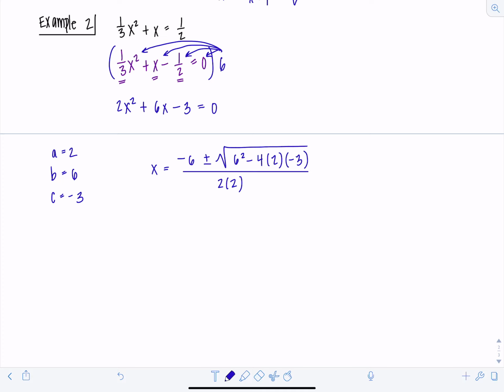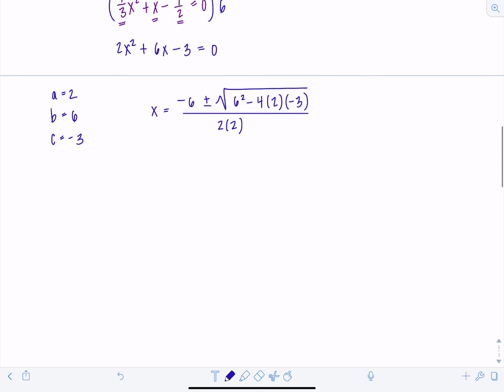So now let's start simplifying. First place we have to go is underneath the radical. So we have negative 6 plus or minus the square root. Now notice in this case 6 squared is going to be 36. And then here I have minus 4 times 2 times negative 3.